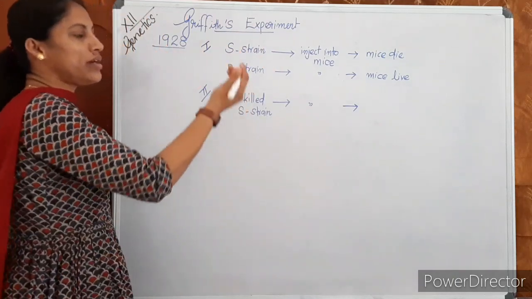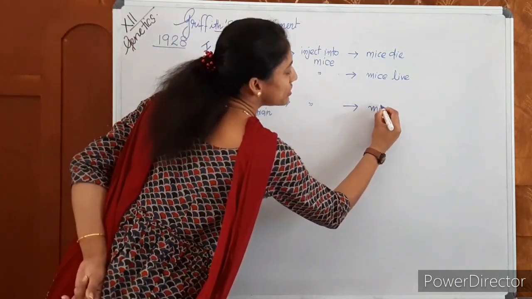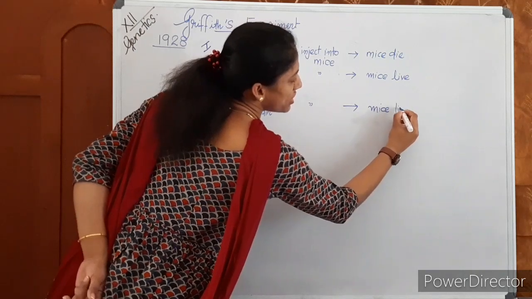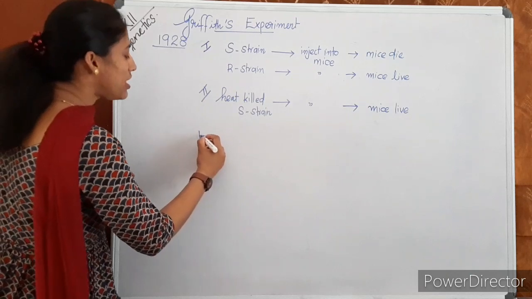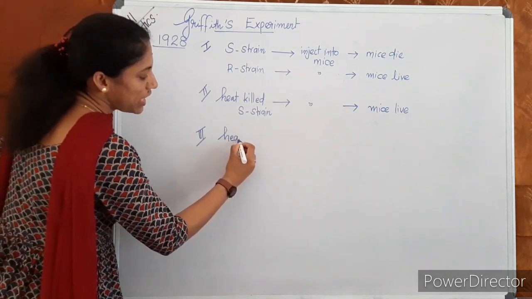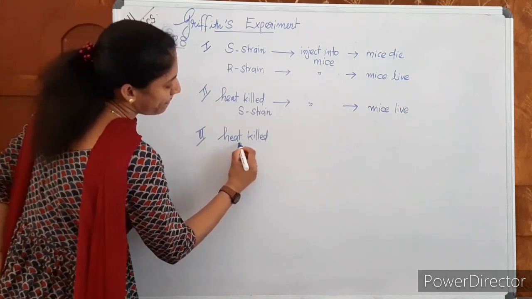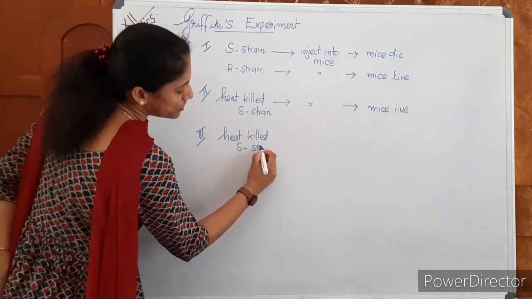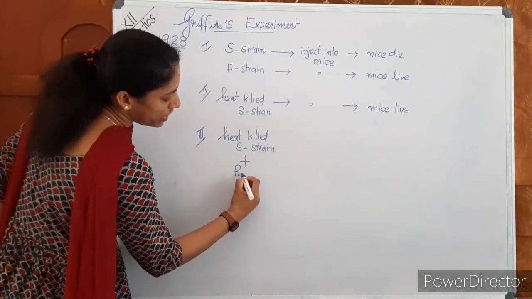By heating, that property is lost. The mice lived. And in the third set of experiment, he used heat-killed S strain mixed along with R strain.